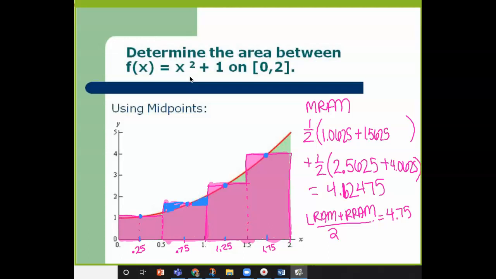So the approximation in this case should be the closest to the actual. And every equation and formula is going to have a better one depending on what the function curve kind of looks like.